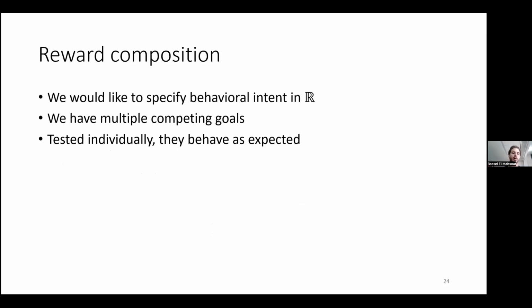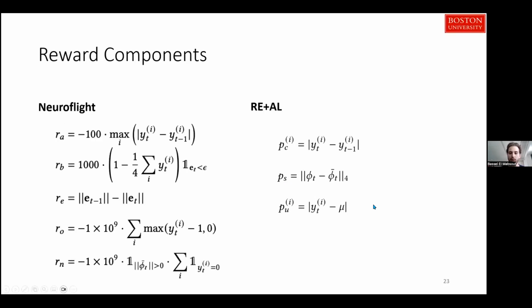The problem is you are trying to represent this behavior in this domain of real numbers, and you have multiple competing rewards. If you think about the goal I had here, these two are representing the goal of having good power consumption, while this one is representing the goal of following the trajectory.